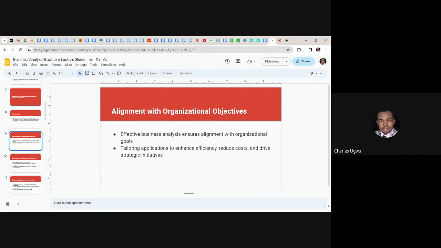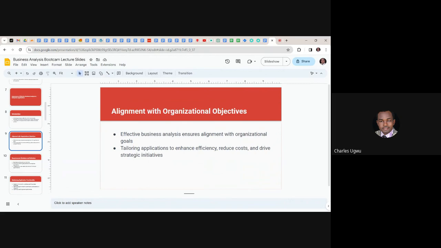It's the way it is designed and configured that will determine the kind of result it gives. Some companies might want their Dynamics 365 to communicate with WhatsApp and Facebook. Some might want theirs to communicate with LinkedIn, to get leads from LinkedIn. So these are different needs.